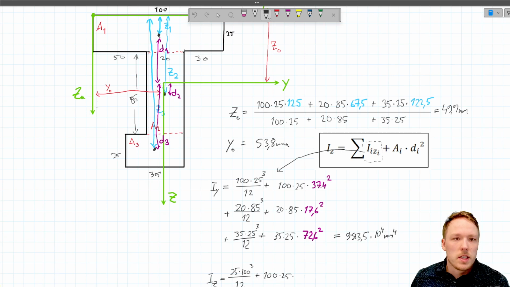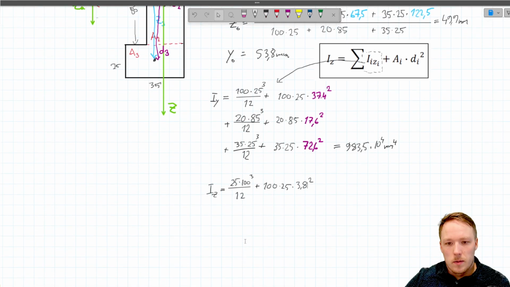times the distance of the center point here to the neutral axis of this entire profile, which in this case will be 53.8 minus 50, which will be 3.8. So 3.8 power to 2.